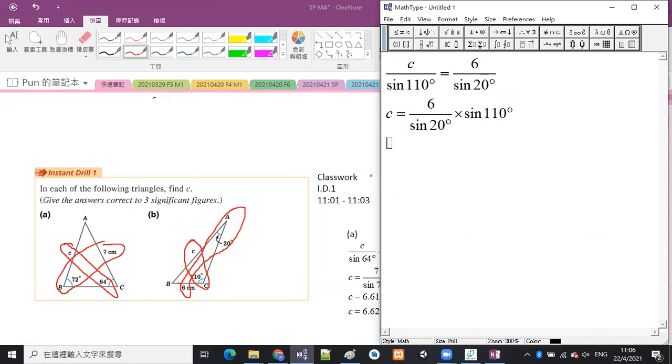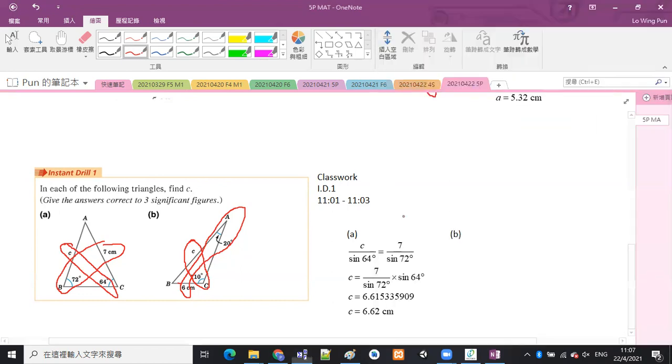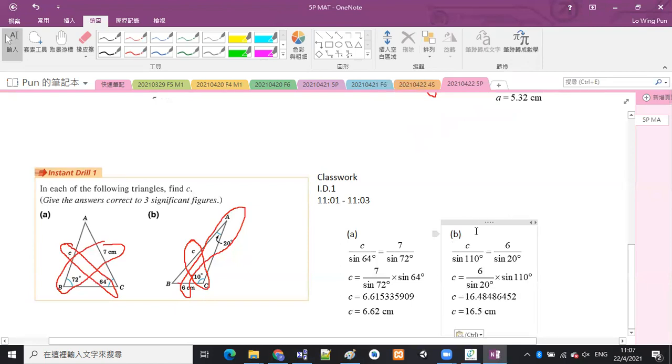Then use the calculator. It should be 16.48 something, and when corrected to 3 s.f., it should be 16.5 cm. Can you get this correct?